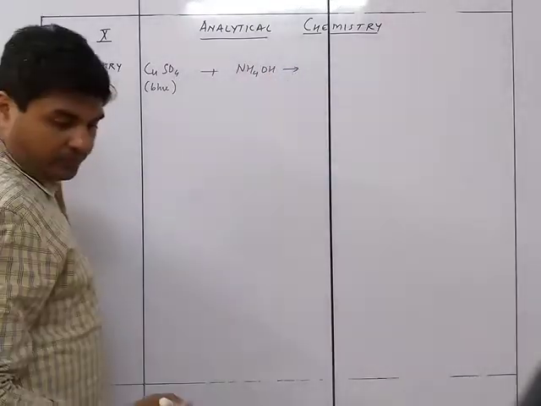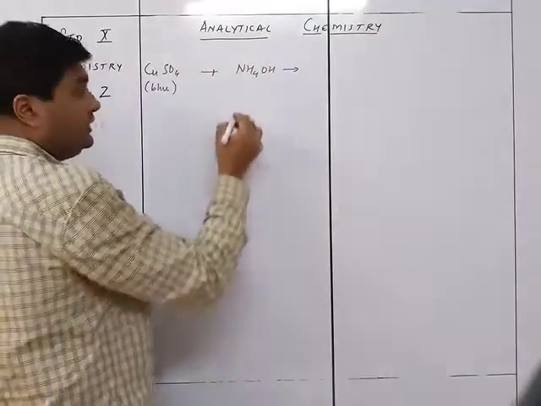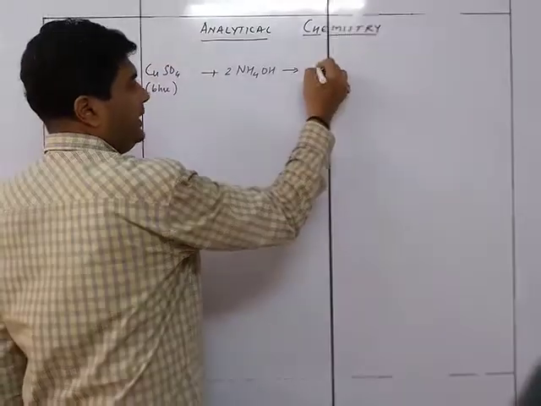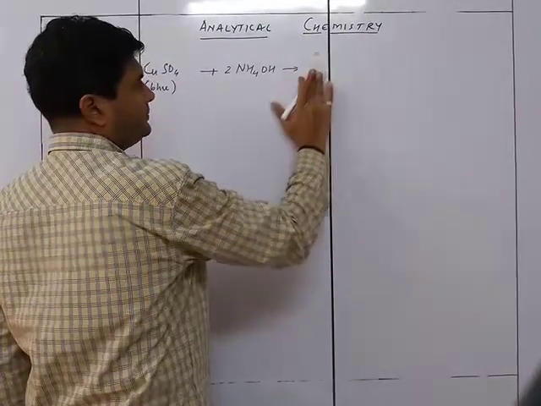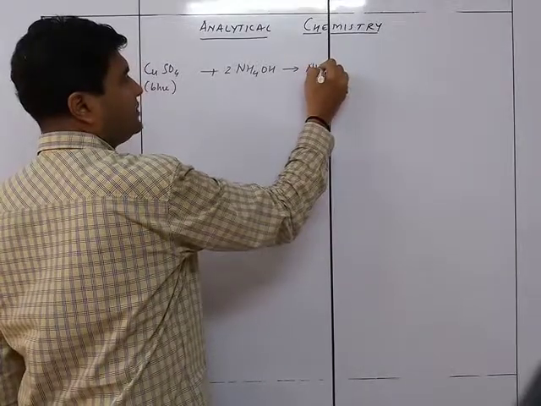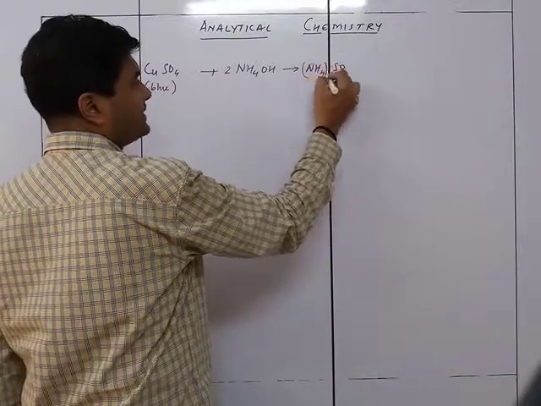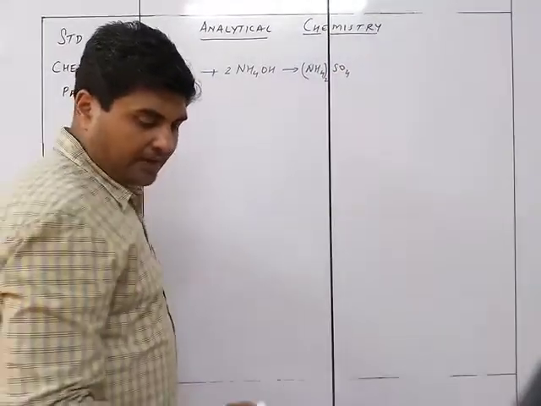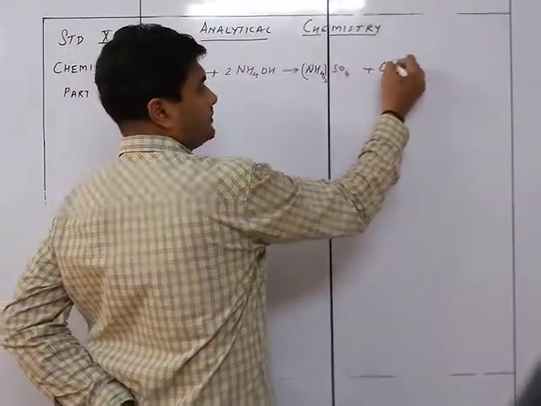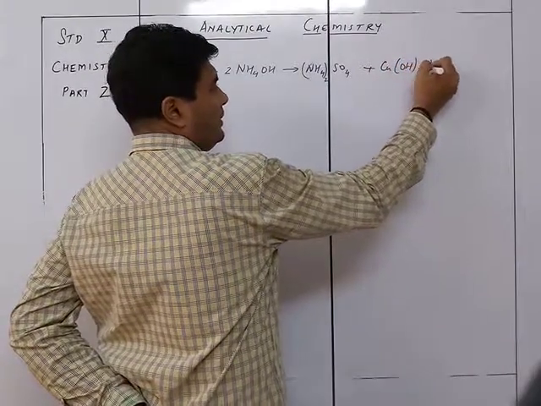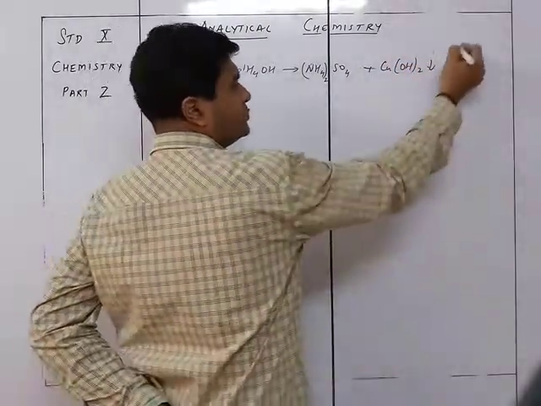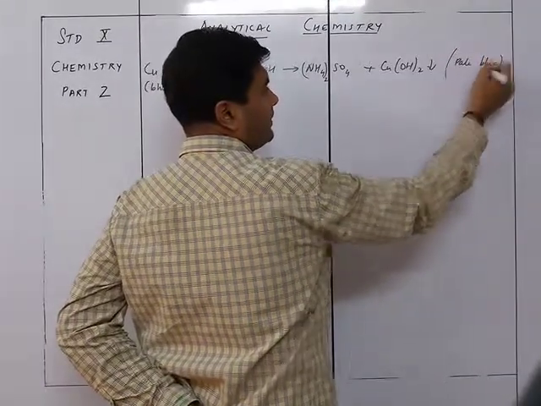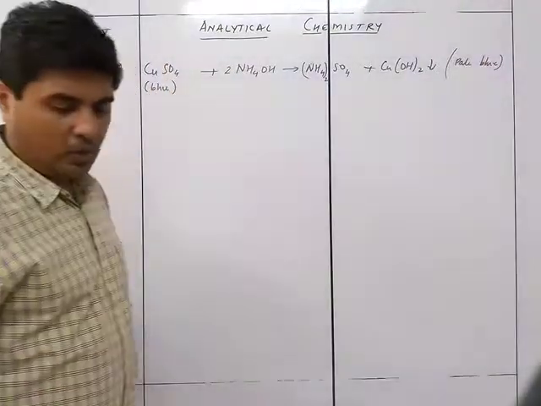It gives me (NH4)2SO4, NH4 twice SO4, plus Cu(OH)2. This of course will be a pale blue colored precipitate. The precipitate is of pale blue color.